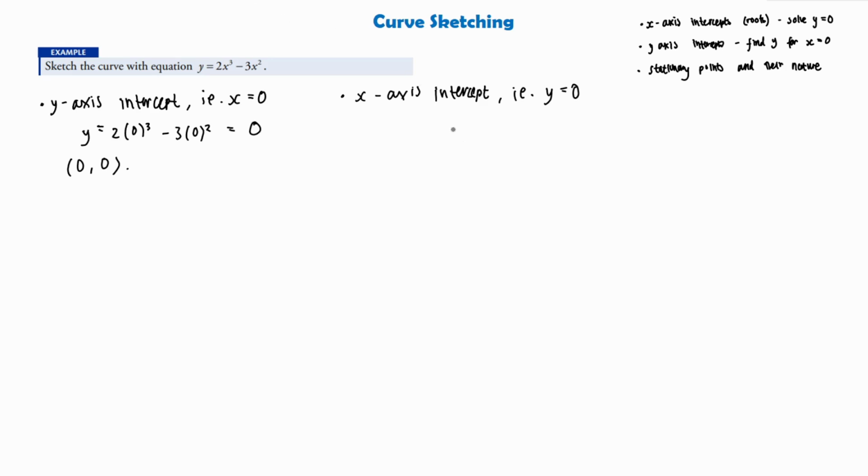So we just rearrange our equation to get 2x cubed minus 3x squared is equal to 0, and we just want to solve for x to find the x coordinates first.